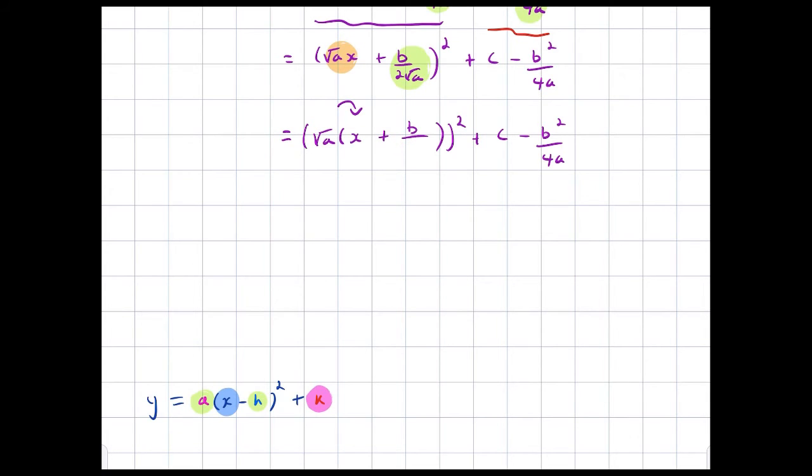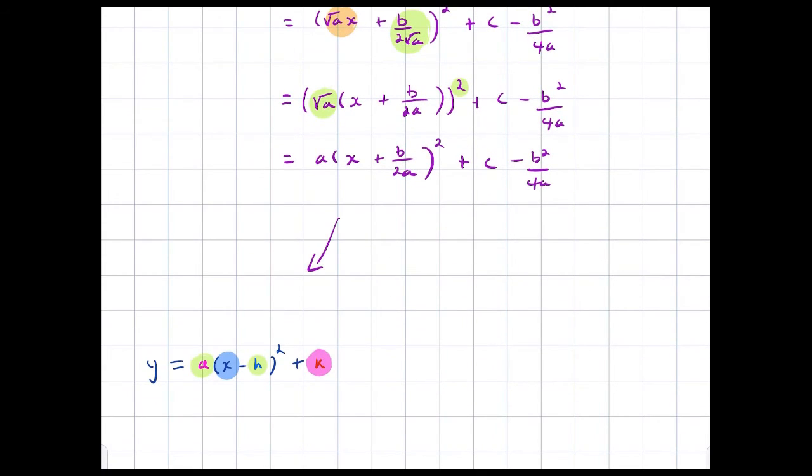So, and let me get rid of this and just put that back in to a here. And then of course now I'm left with this root a out front, and that is being squared, right? This is the square of a product, so I'm squaring both of the things inside the brackets, and I end up with, well, square root of a squared is just a, times x plus b over 2a, squared, and then plus c minus b squared over 4a.